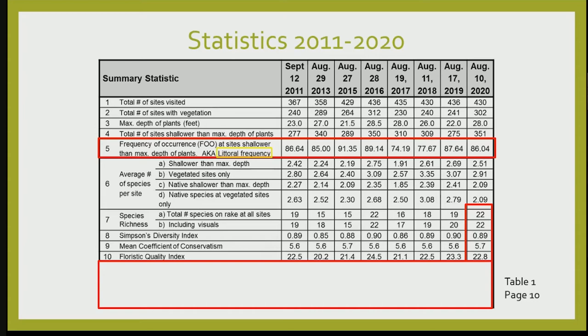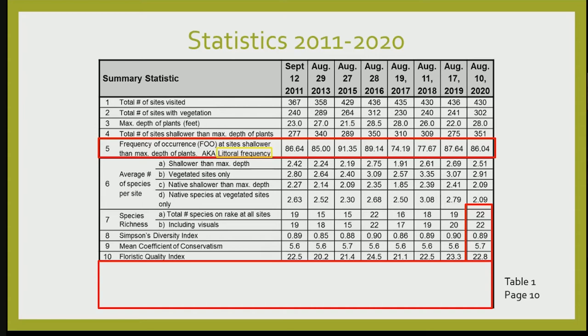In other words, this is the number of the sites with vegetation, or row number 2, divided by the total number of sites equal to or shallower than the maximum depth of plants, row 4. We call this littoral frequency or frequency of occurrence or just frequency. And like I said, I'm going to be talking about frequency throughout the presentation, so just keep that in mind.